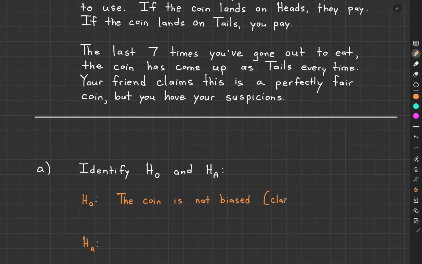Either one. So this is your original claim by your friend. Your suspicion is that the coin is indeed biased. This is the alternative. We're challenging that original claim made by your friend.